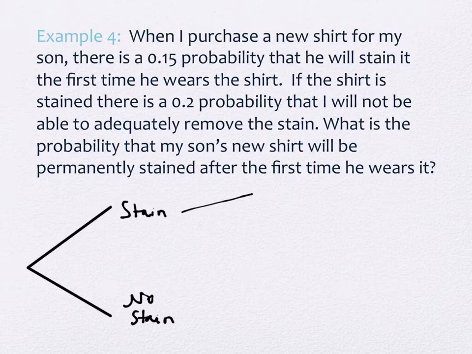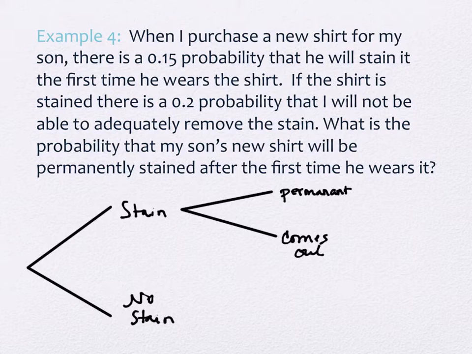Whereas the stained shirt, I have to extend the branches one more time because now I have to treat the stain. So there's 2 outcomes that can happen after I treat the stain. What are they? It will be permanently stained, or it comes out. Some kind of language like that.